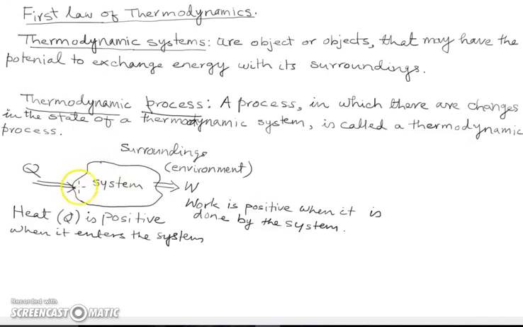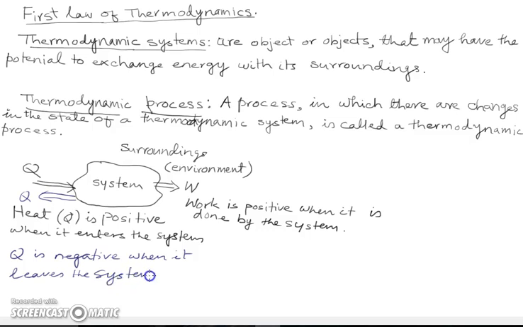Okay, so on the same system, you can think of this as a sign convention. Let's say this is my system. So heat is positive and enters the system. What happens to heat if it is leaving the system? Then Q is negative when it leaves the system, right?